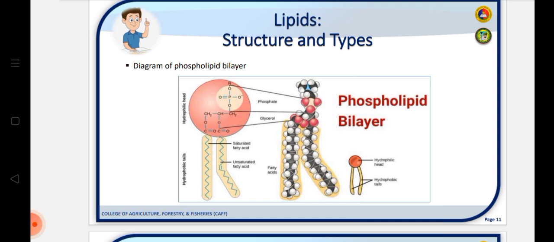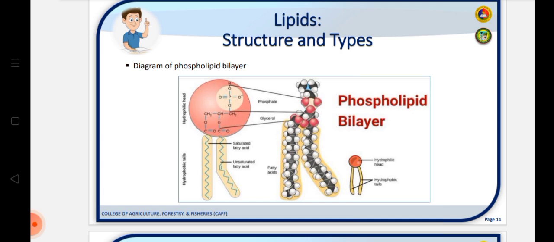Okay, so in terms of saturated versus unsaturated tails, one tail is typically saturated, meaning it has no double bonds and remains straight. The other is unsaturated, containing one or more double bonds that introduce bends in the chain. These structural differences affect membrane fluidity and permeability.